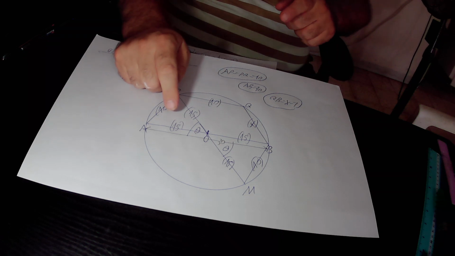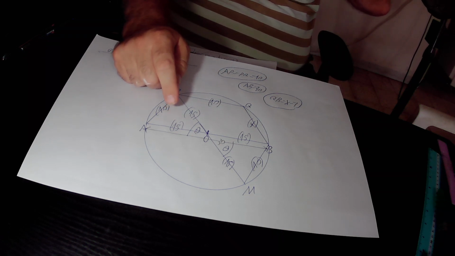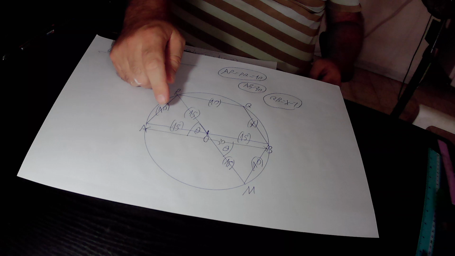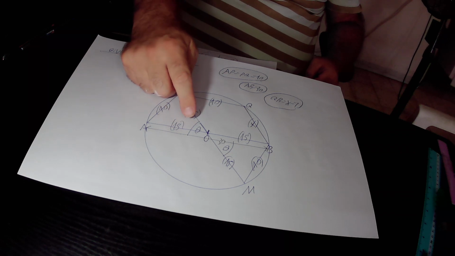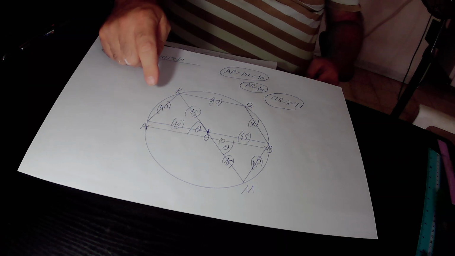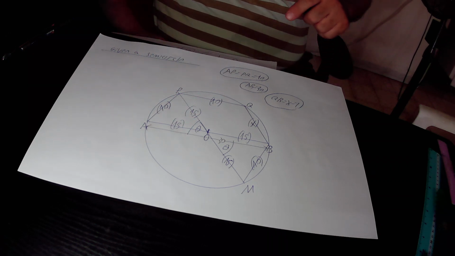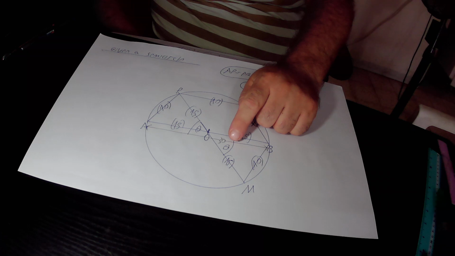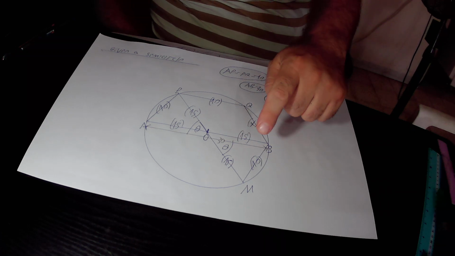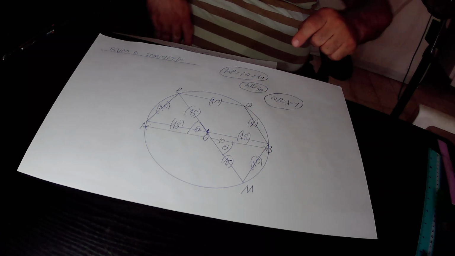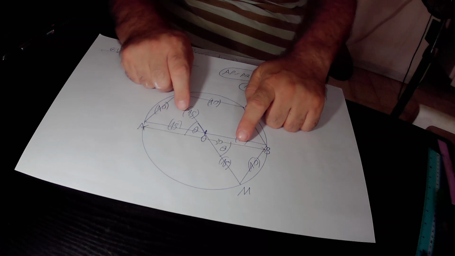They are both radii of the circle, and therefore they are equal. So two sides and the angle included between those two sides in triangle APO are correspondingly equal to two sides and the included angle in triangle MOB. Therefore, those two triangles are congruent according to the side-angle-side rule.